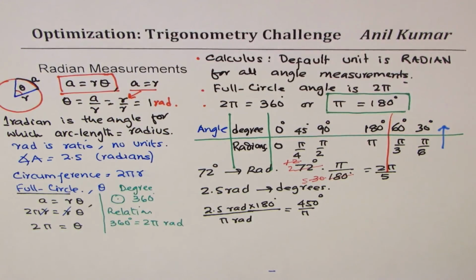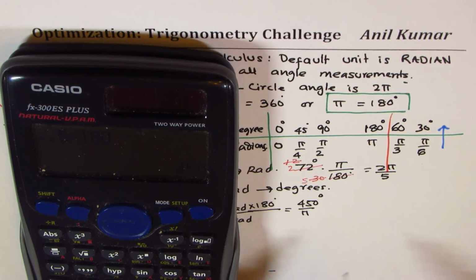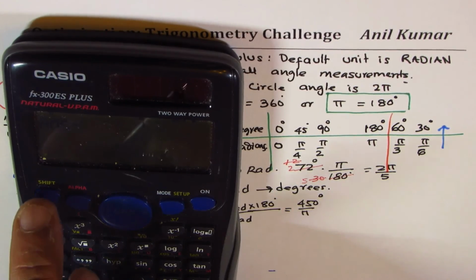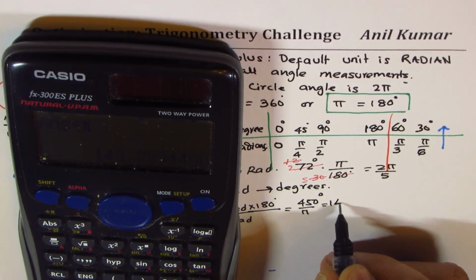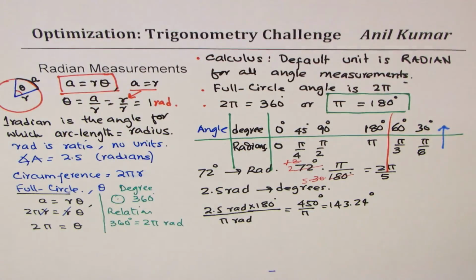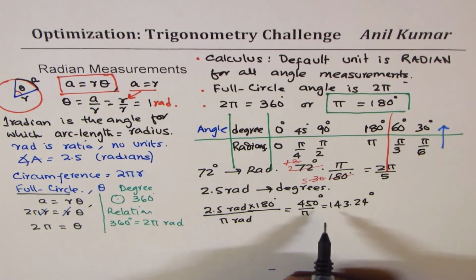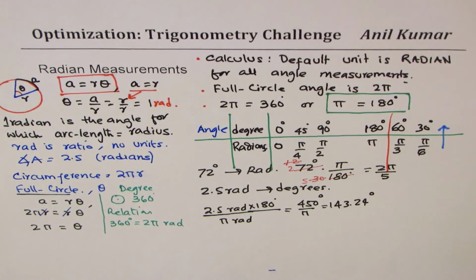Do you understand? Right? So you could actually get the answer in decimals. So we'll do 450 divided by pi to get the answer as 143.24 degrees. Is it okay? So you could convert the radians to degrees by multiplying by a factor of 180 by pi.